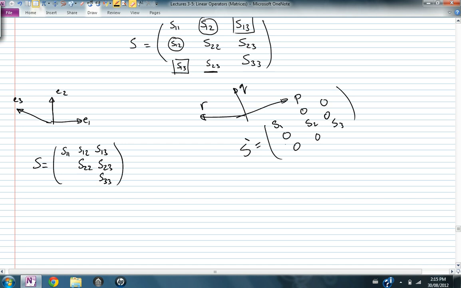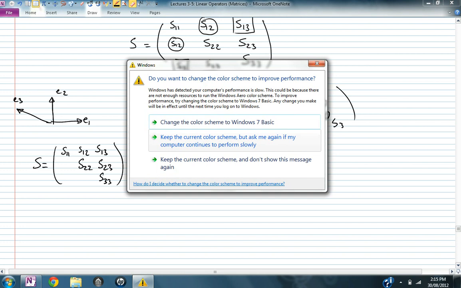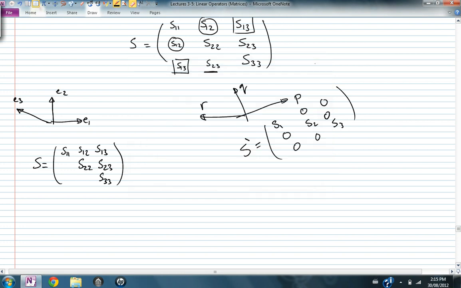This is a fact that only exists in symmetric matrices, and this fact allows us to find physical quantities that we're going to discuss in later chapters, such as the principal stresses and principal strains.